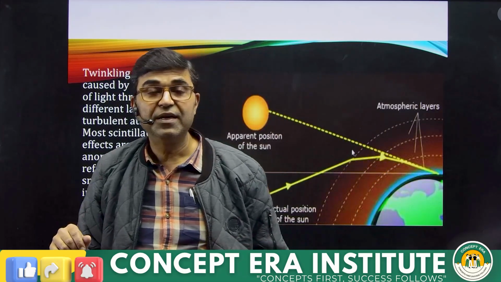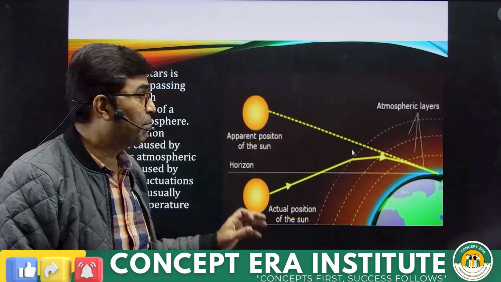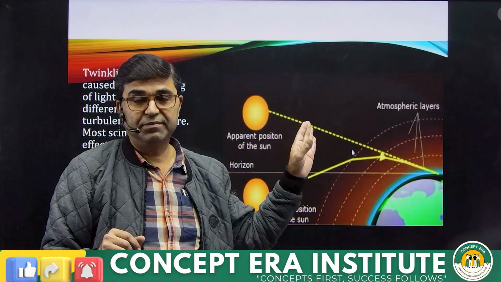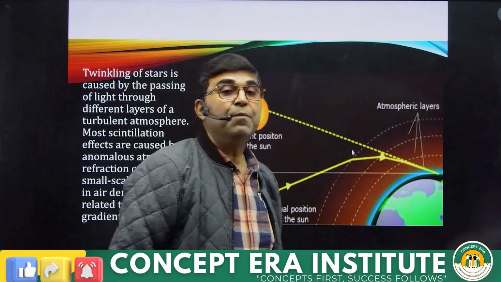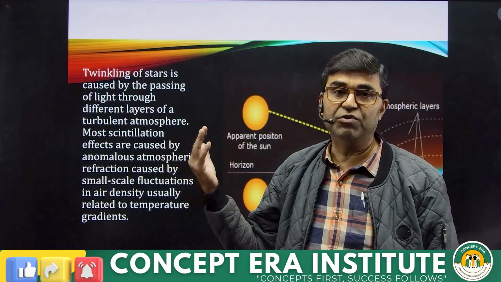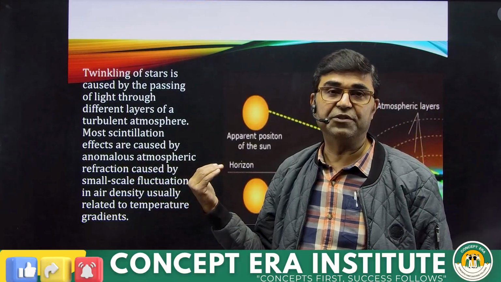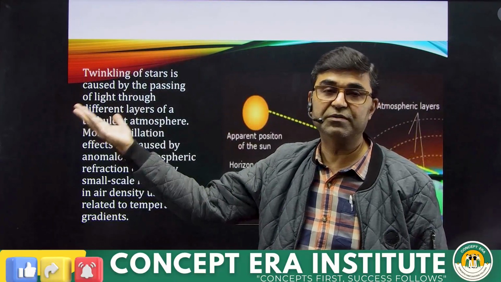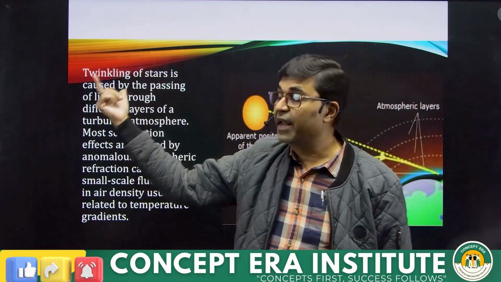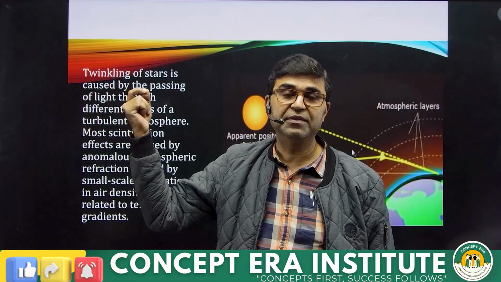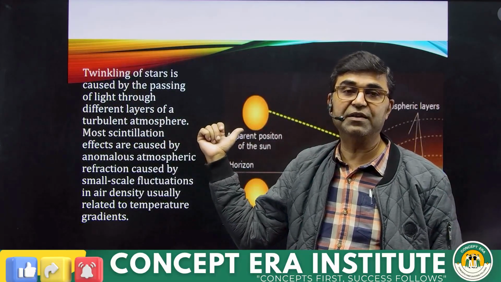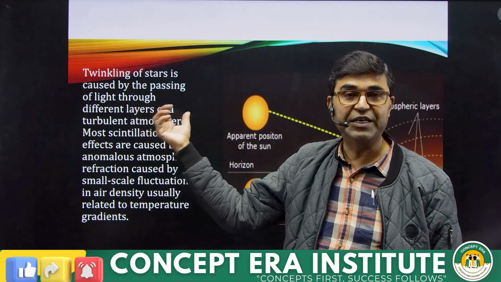But we have also been told that planets do not twinkle. Why? Planets are very, very close to our Earth as compared to stars. So, the light that is coming from a planet is not a single ray, but a collection of rays.